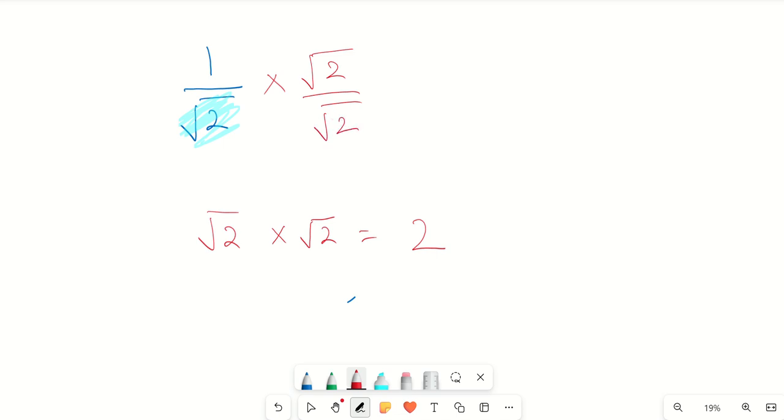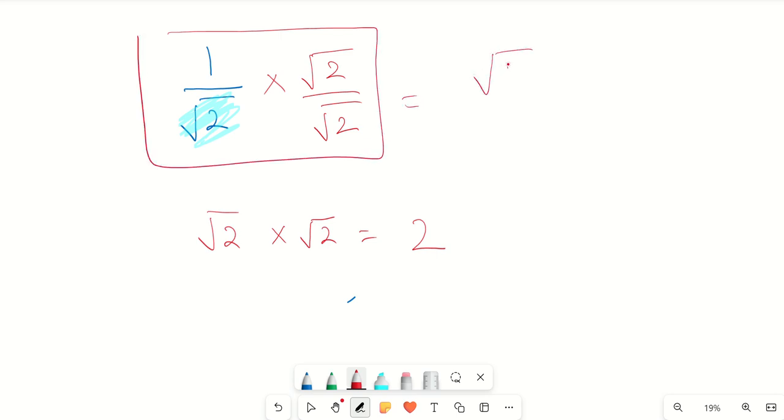If your denominator and numerator are the same, it is 1. So I am multiplying it with 1 right now. So what will I get? I will get root 2 by 2. So basically I have pushed the irrational number to the numerator from the denominator. This was the very first basic rationalization.